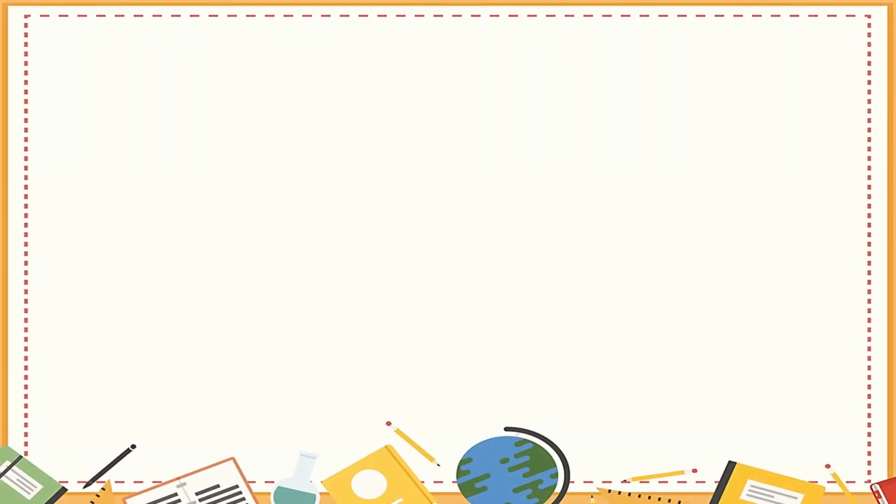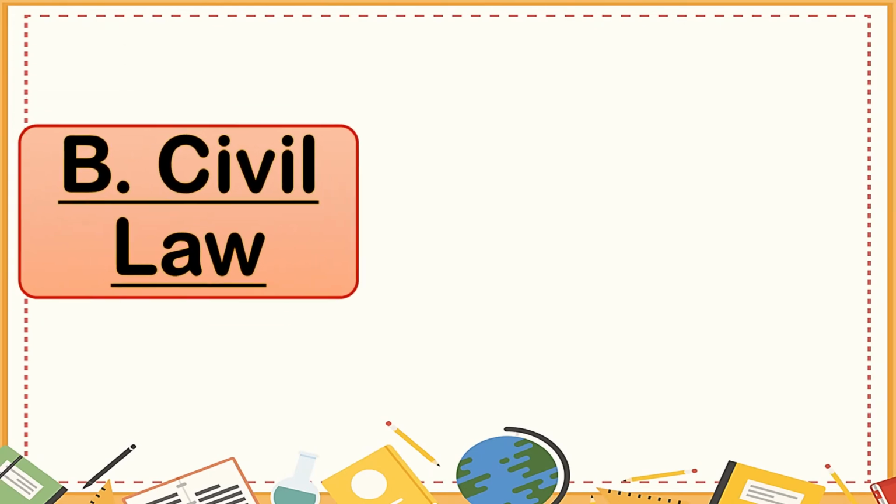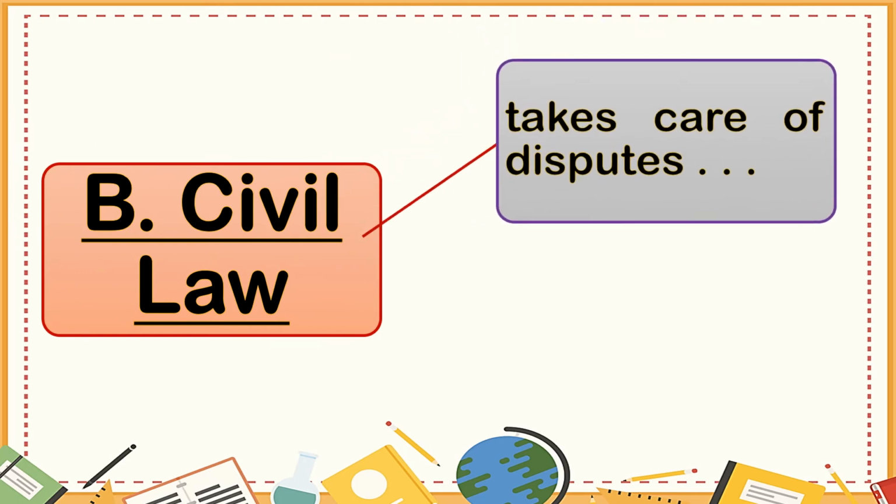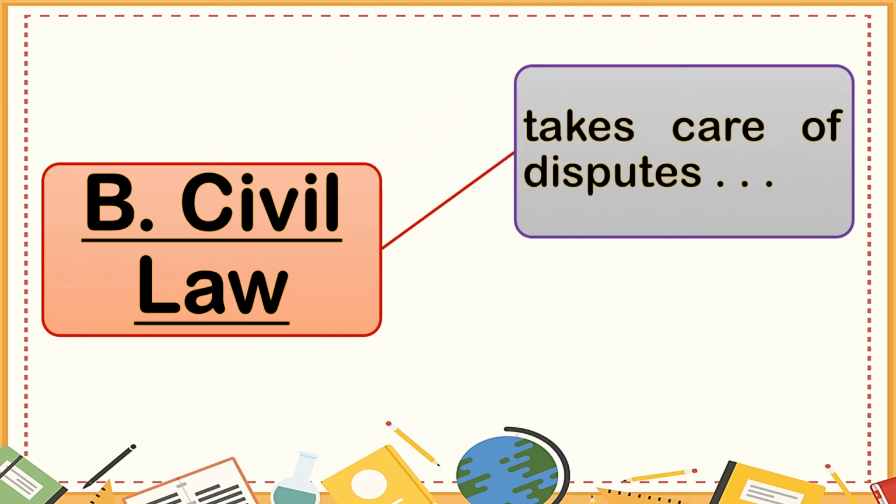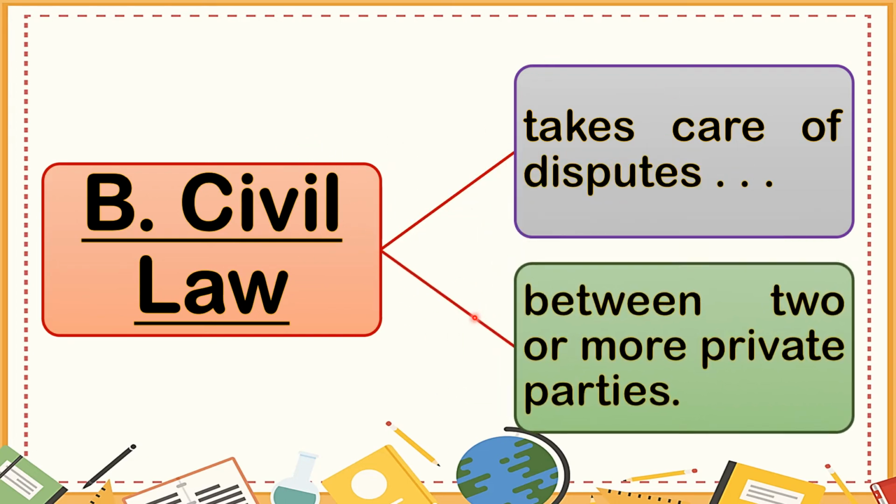So let us continue with the second and last category of law, which is civil law. So we are still on page 39 of your book, so highlight everything that you see in your monitor in your book. Civil law takes care of disputes between two or more private parties. As I have mentioned earlier when we were reading about words to learn, and one of them is civil law.